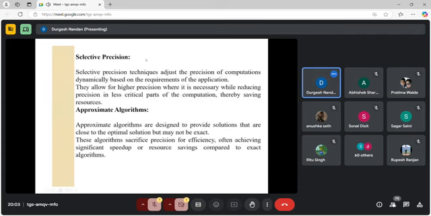Now, if we talk about the techniques used in approximate arithmetic, one approach is selective precision. In that, we adjust the precision of computation dynamically based on the requirements of the application.